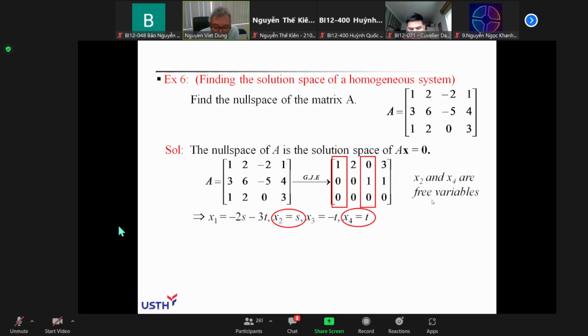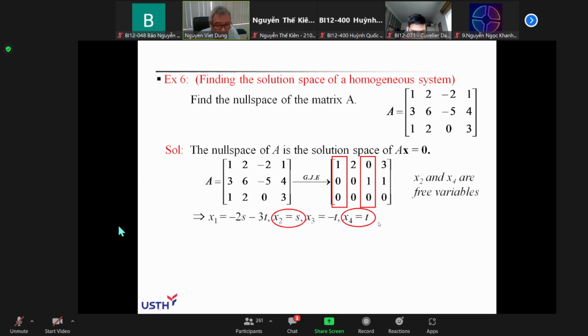What is free? Free variable means we can give it any value. And now we give x2 the value s and x4 the value t. That is any number. So whenever you give it the values s and t, you can solve the system according to s and t, and you get x3 equals minus t and x1 equals minus 2s minus 3t.